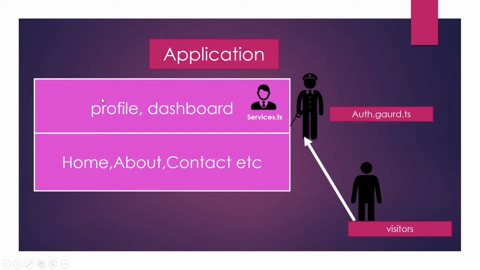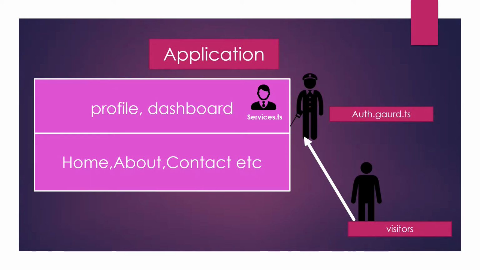And here in this case there is the profile.ts file, the dashboard.ts file, and then the authguard.ts file, and normal visitors go to about, home component, etc. So this is the basic concept of how AuthGuard works in the application.